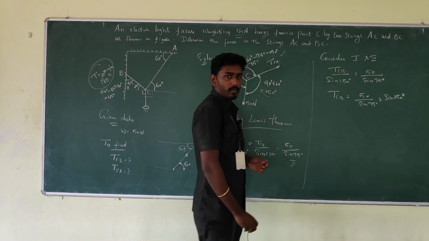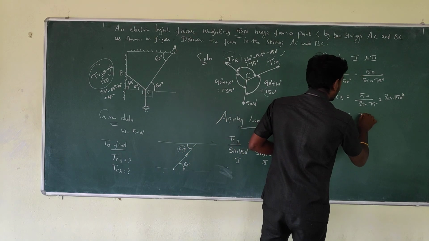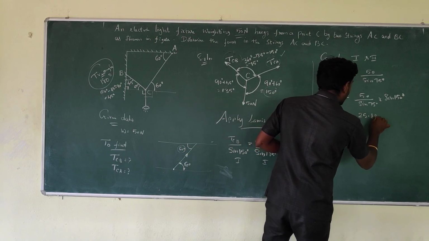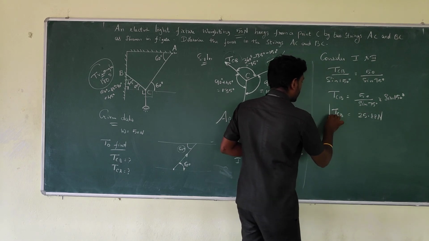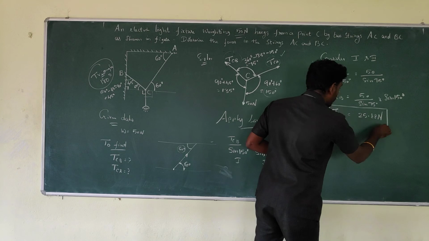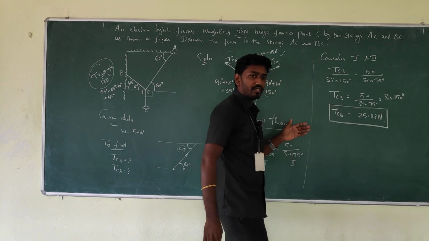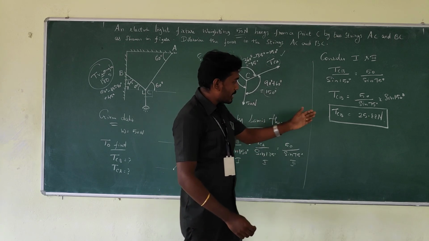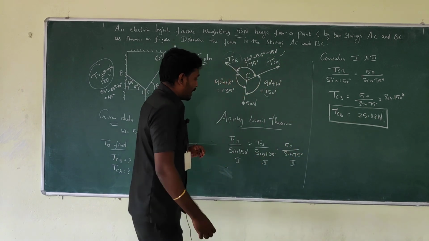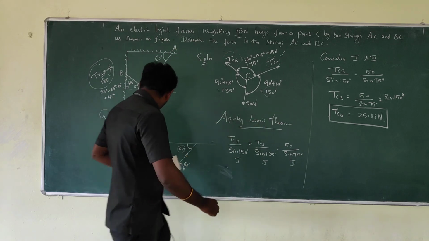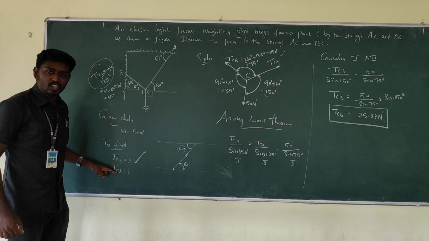If you do the calculation, you get 25.88 Newton as the answer for TCB. It is a tension force, so we need to represent the unit as Newton, right? Okay. We have found the TCB.